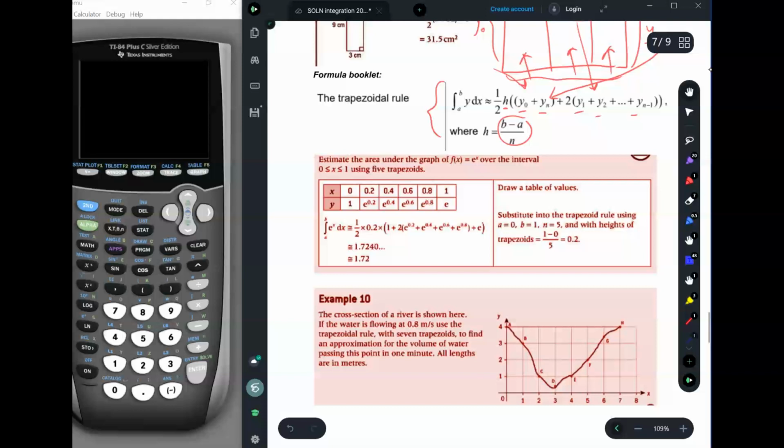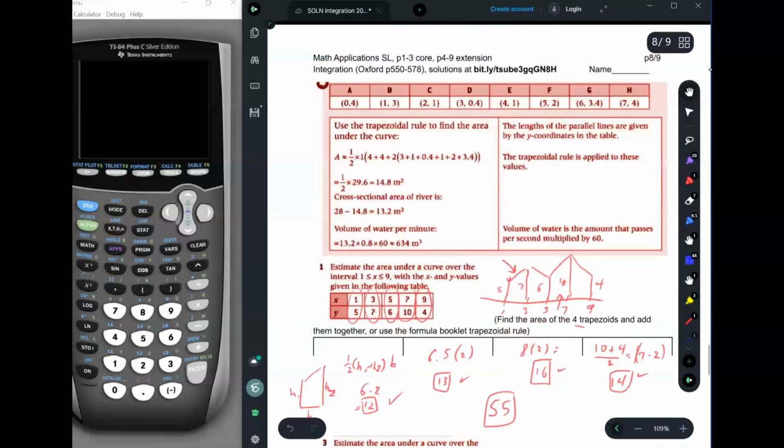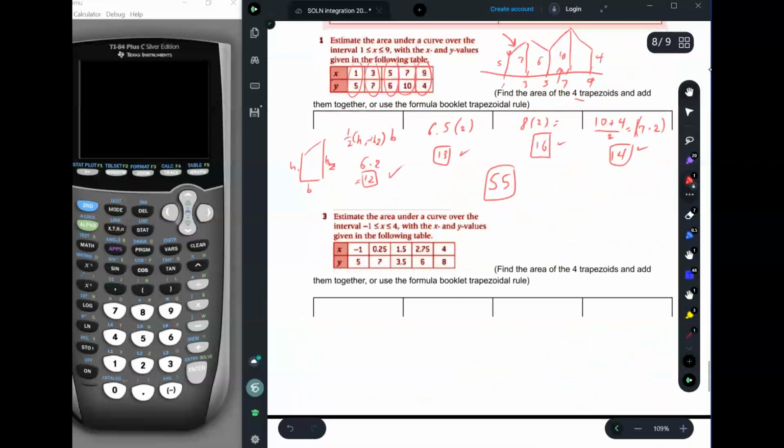Okay, so let me just write that down here. So 1/2 times the width. For some reason they call the width the height. And then we'll have like y0 plus yn plus 2 times the heights in the middle.